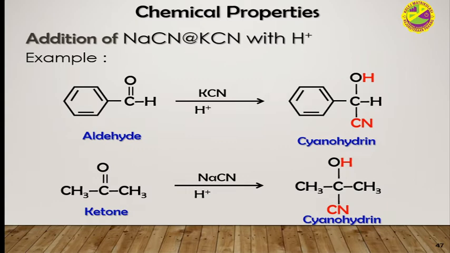The same goes for the next example. The carbon double bond oxygen is lost, the oxygen becomes OH, and another single bond from carbon is attached to the CN that is provided by NaCN.